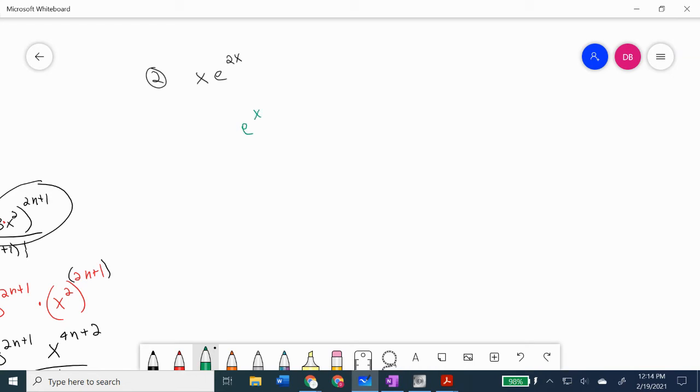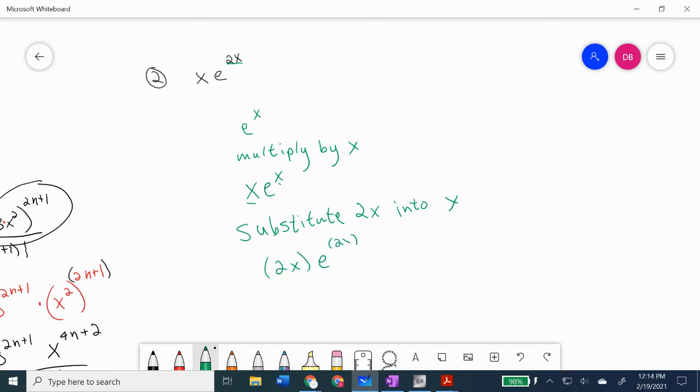I can start with e to the x and I can multiply, and I'm writing it in words. Well, I can multiply it by x. Yay. And then I can get this by substituting 2x into the x's. And then you go and you substitute it in, and then you realize, that's not the same thing as I was trying to get.